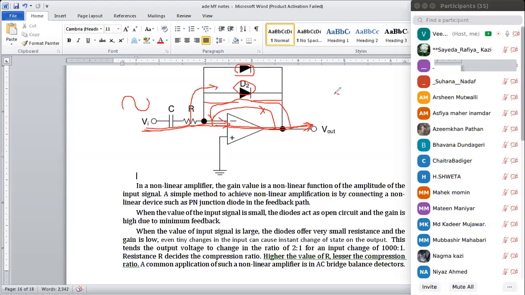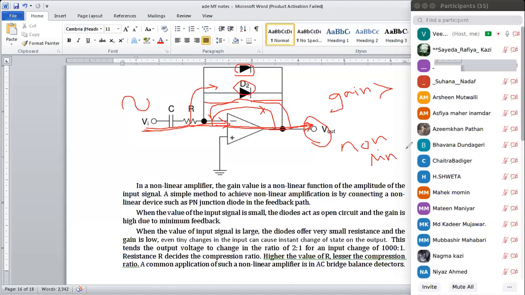So the gain is very much higher. Because of this, the output will be non-linear.